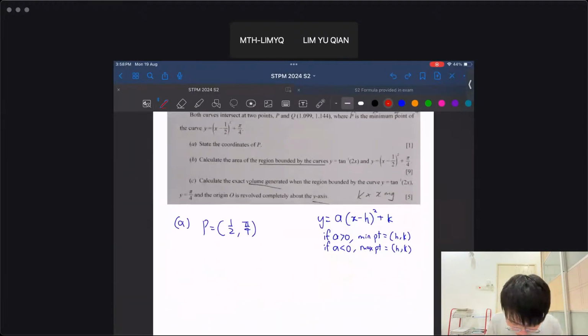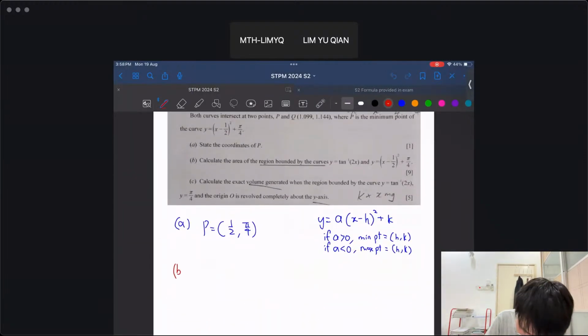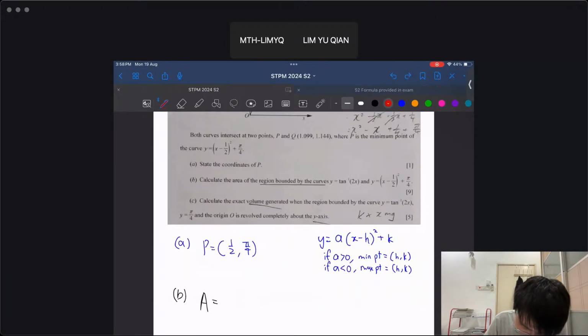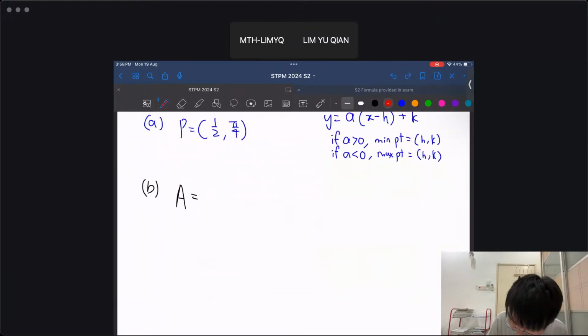Okay, so now part B, calculate the area. The area is equal to the upper curve minus the lower curve. You can write it yourself. One upper, one lower, let's use this one.